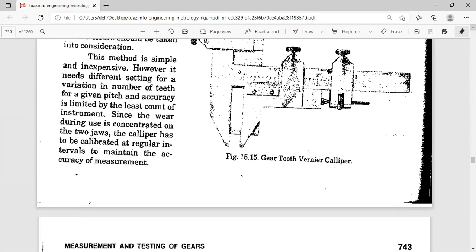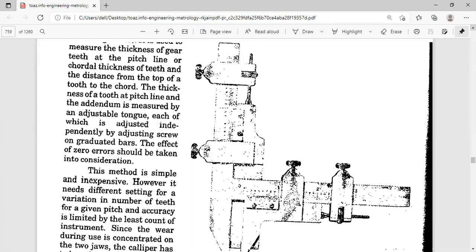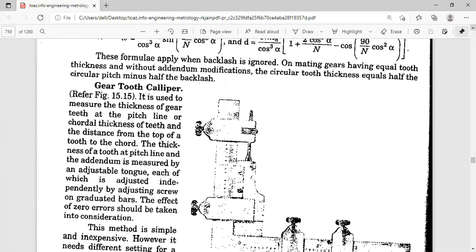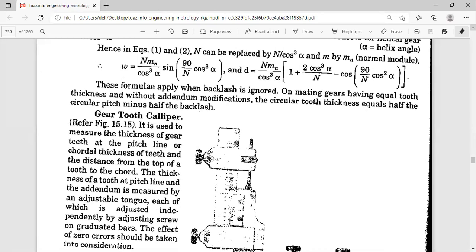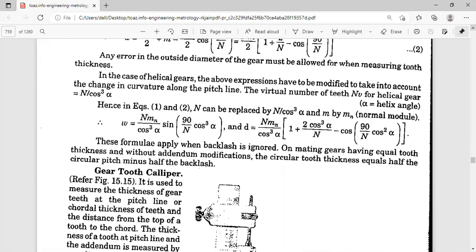So what is the advantage of the constant chord method or the gear tooth vernier caliper method? We have told that for this gear tooth vernier caliper method, we take only a particular set of gears where it is applicable, and the H or W calculations have to be done for each set of teeth because the sets of teeth are not the same.